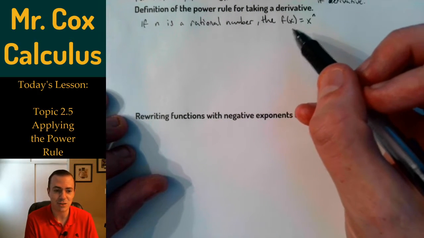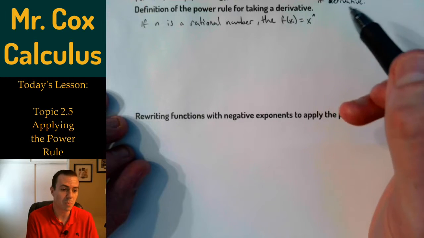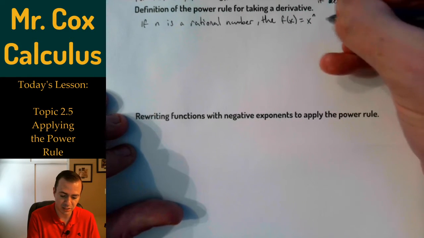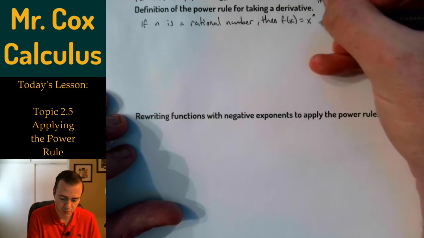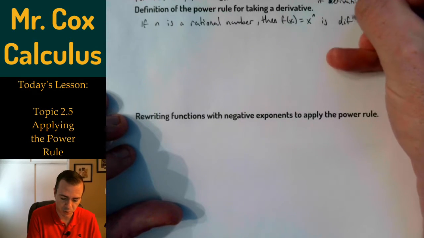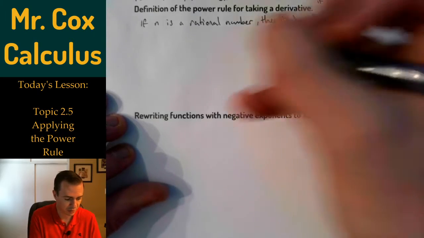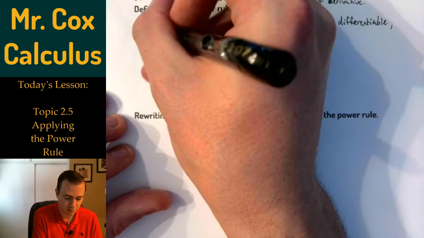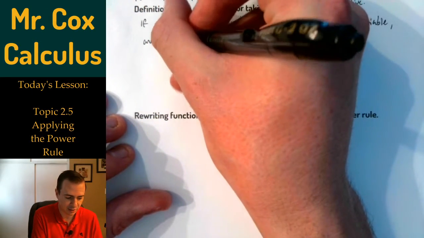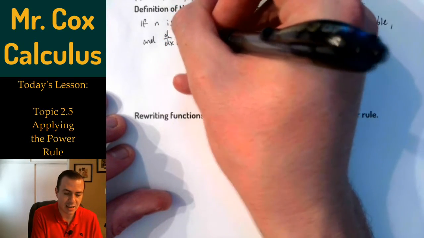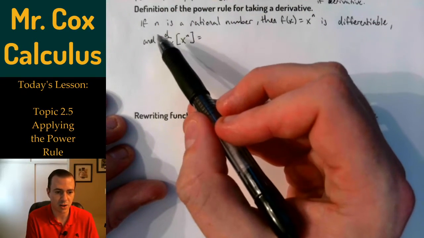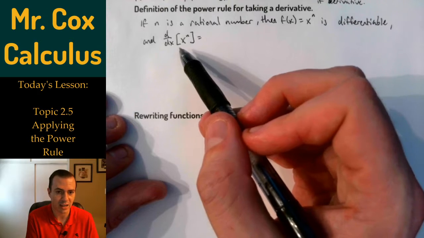So if I have anything that I can write as x to some power n, then this function is differentiable, meaning I can take its derivative, and the derivative with respect to x of x to the n. So this notation right here means I'm going to take the derivative of x to the n.